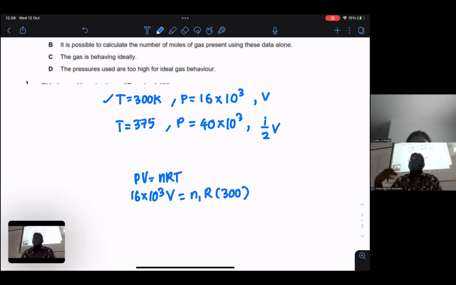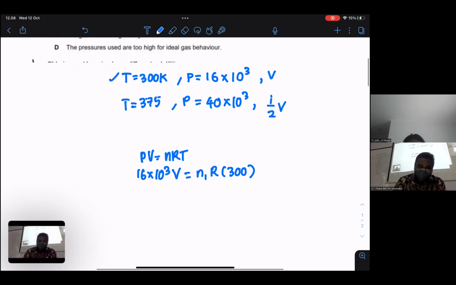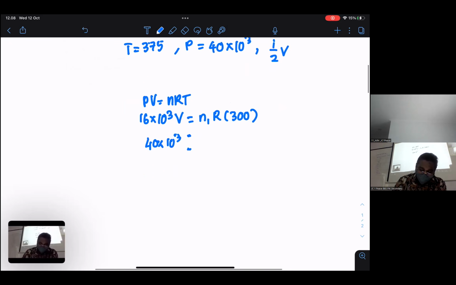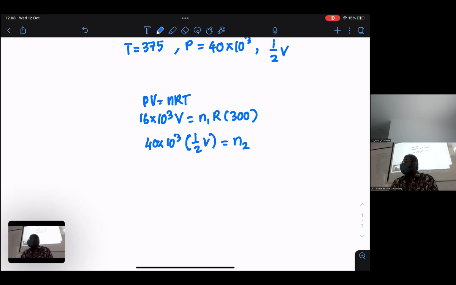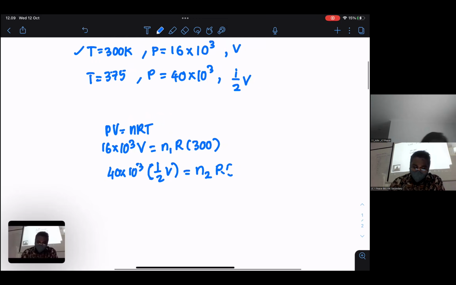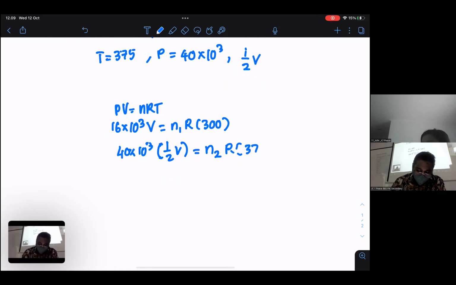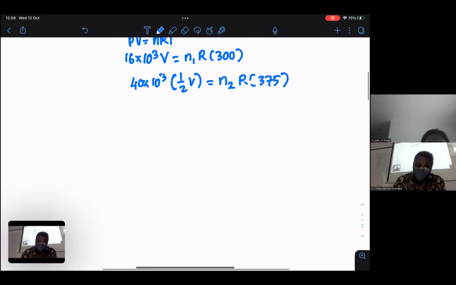After compression, you have KPV, so this is 40 times 10 to the power of 3. The volume now is half V, and let's say now is n2. But we know n1 and n2 should be the same. So R, and then we have 375.